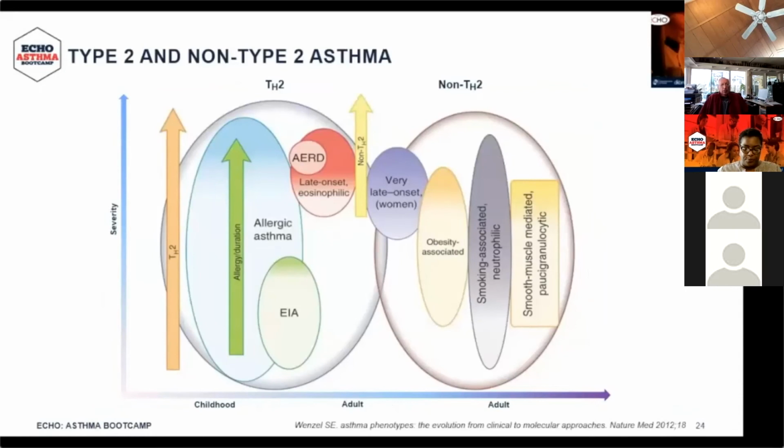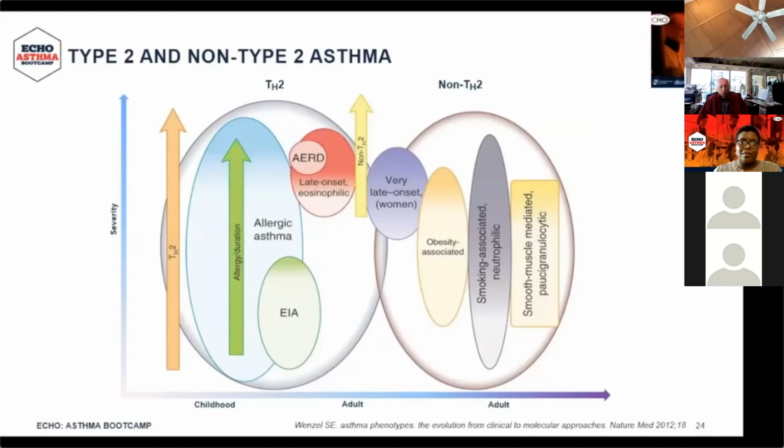What you see here are the different phenotypes and different inflammatory cascades. On the y-axis is the severity, and the x-axis is the age of onset. If you look at the bubble of type 2 asthma or Th2 asthma, these can be both mild asthma, such as exercise-induced bronchospasm, or it can be quite severe type 2 asthma, such as aspirin-related disease, late-onset eosinophilic asthma, or certain types of allergic asthma.